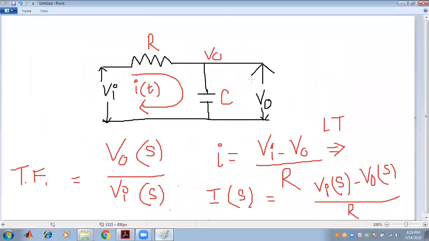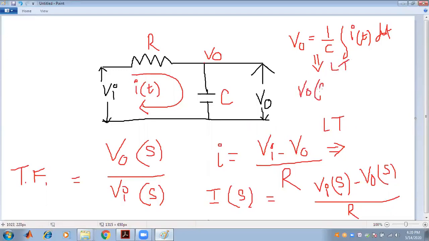V0 can be written in the time domain as 1 by C, the voltage across the capacitor, V0 equal to integration of i(t) dt. Now I am taking the Laplace of that V0. We get in the Laplace domain V0(s) equal to 1 by C.